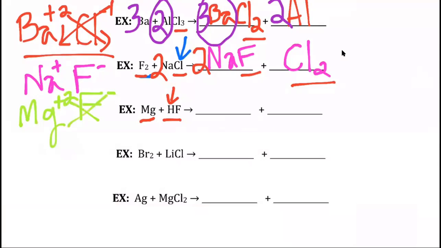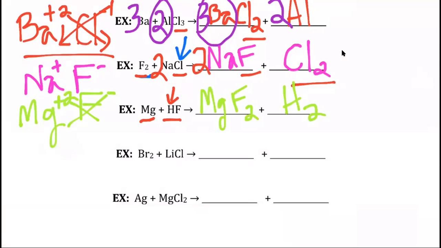And so I end up with Mg, and then there's an imaginary 1 after the Mg because I don't write ones, and then F2. So that's the correct formula. And then my other product is going to be the element, which will be hydrogen, but hydrogen's diatomic, so it has to be H2.